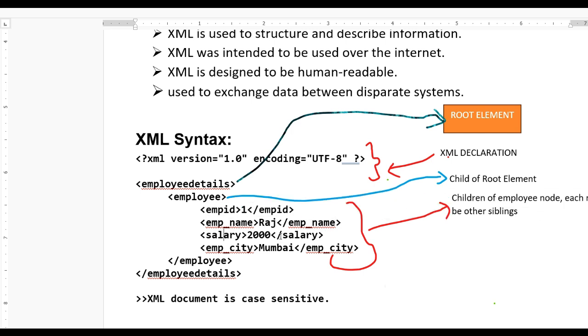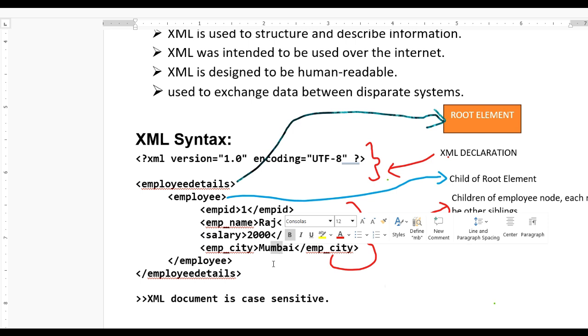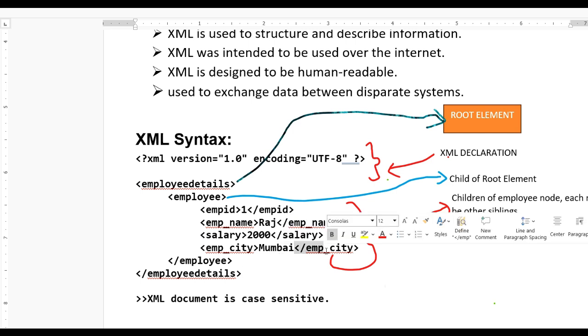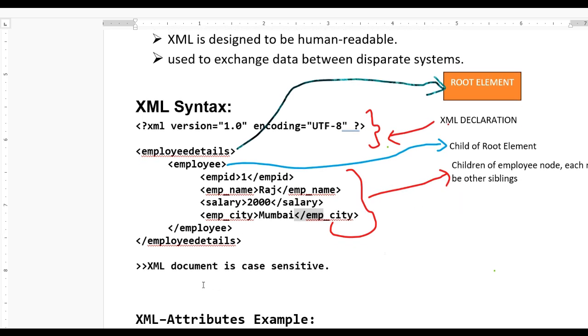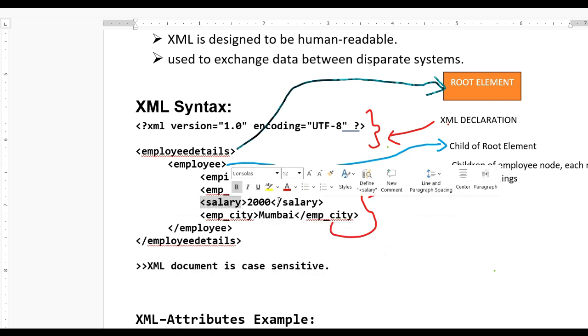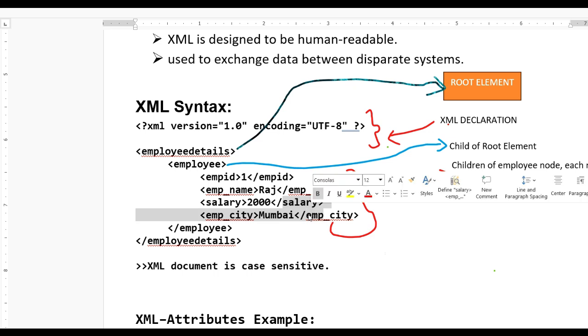Salary 2000, closed. And employee city Mumbai, that is the value, and it is closed. Also you should know that an XML document is case sensitive, so whatever you write in the opening tag, the same will be in the closing tag.